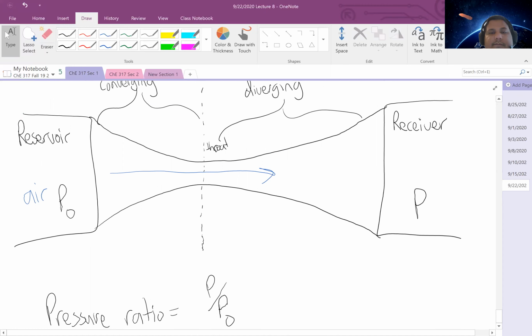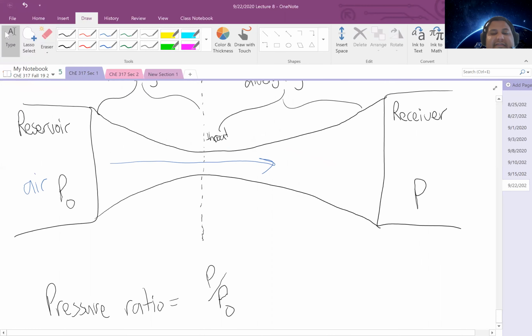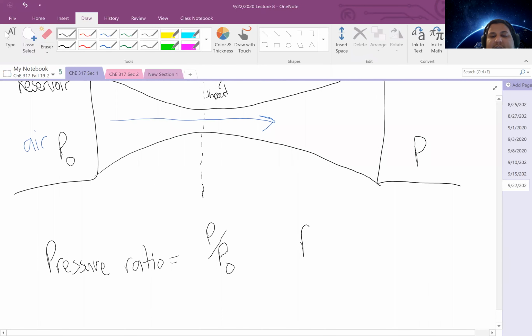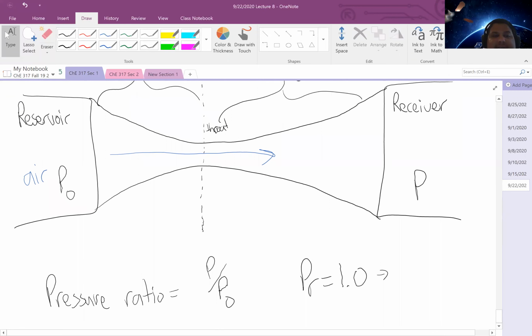Now, if my pressure ratio is 1, that means the pressure of my reservoir and the pressure of my receiver are the same or equal.